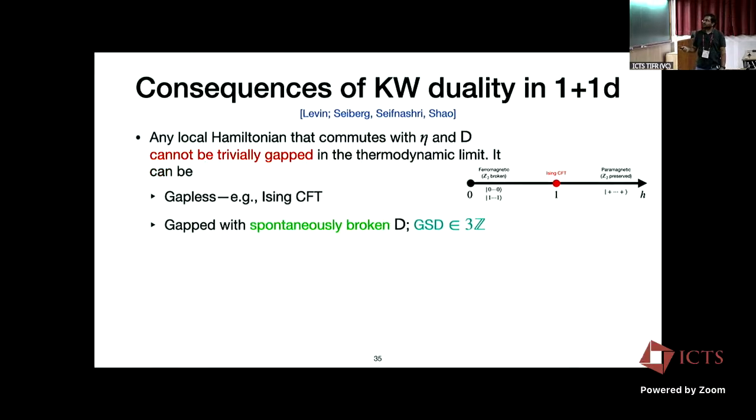So essentially the argument is that you have this fusion algebra, the Tambara-Yamagami with Kramers-Wannier and Z2 symmetry. You classify its representations, and all its representations are multiples of 3. There is no trivial representation for this algebra.